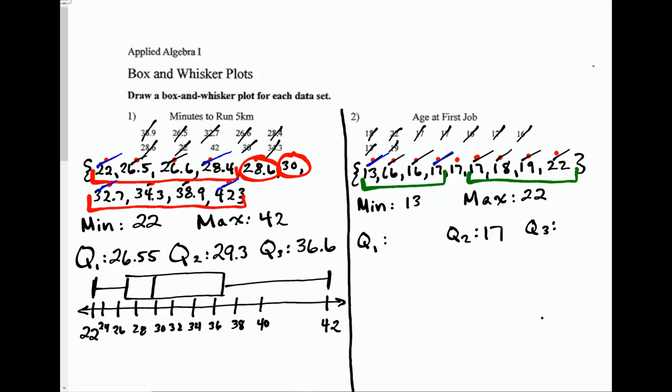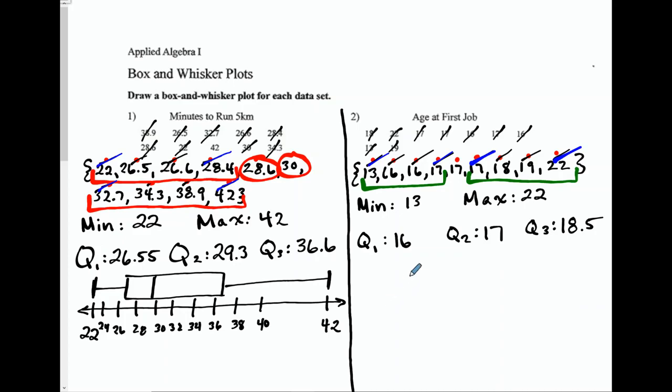And if you take 16 plus 16 divided by 2, you get 16. Over here, I have to cross off one on each side, and I get 18 and 19. If you add those two together and divide by 2, you get 18.5. You can pause the video and double check all of my work, but rest assured that that is correct.